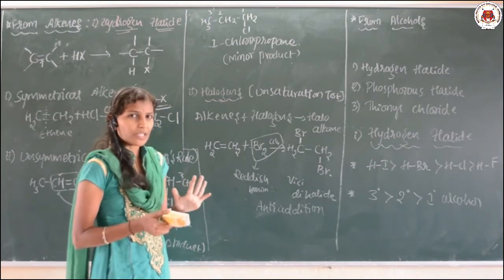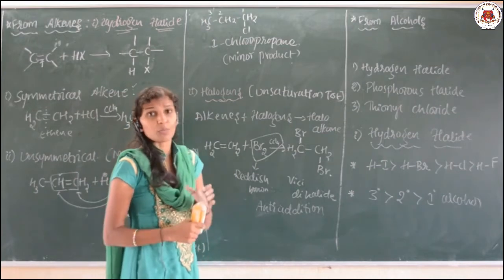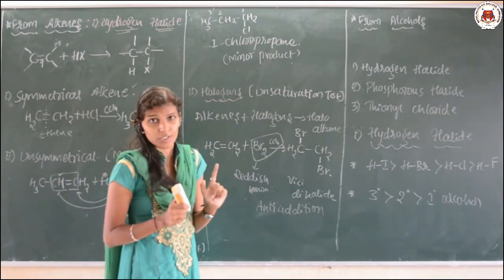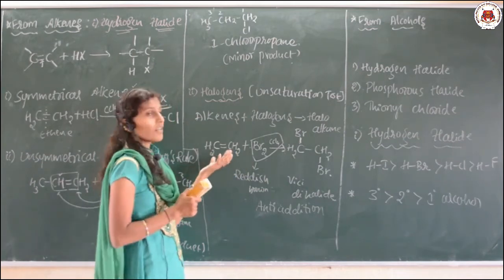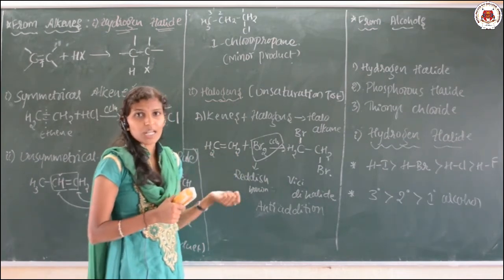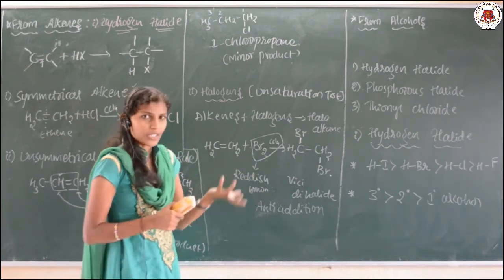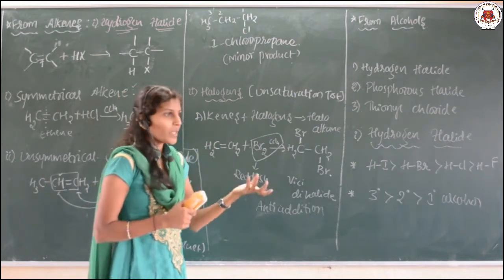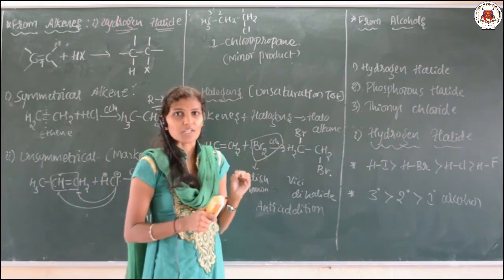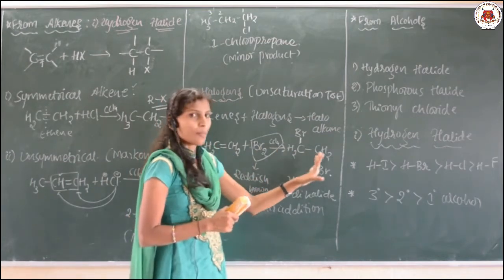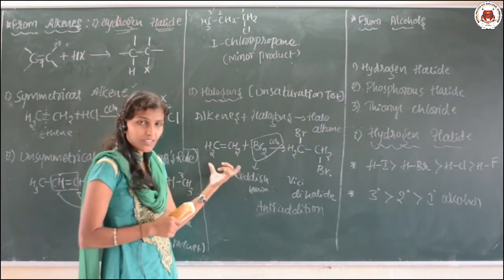What happens basically if we add bromine water, a reddish brown liquid, to a doubly bonded unsaturated compound, an alkene? The reddish brown color of the bromine water disappears. The disappearance of the color indicates the formation of the product, and it also indicates the presence of an unsaturated compound.